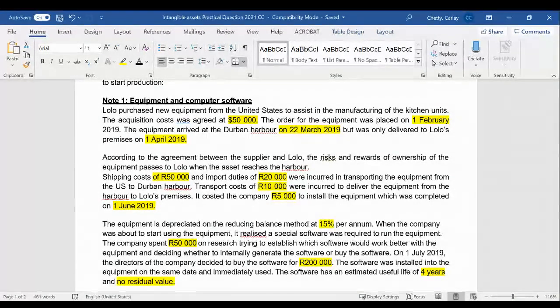And who can give me a reason why we should include the shipping costs? Sometimes you'll get a discussion question in a test or exam, and they should say, give reasons why this amount should be included or excluded from the cost of the asset. So if I ask you, should the shipping costs be included, and you have said yes, what is the reason for including the shipping costs? Can anyone remember?